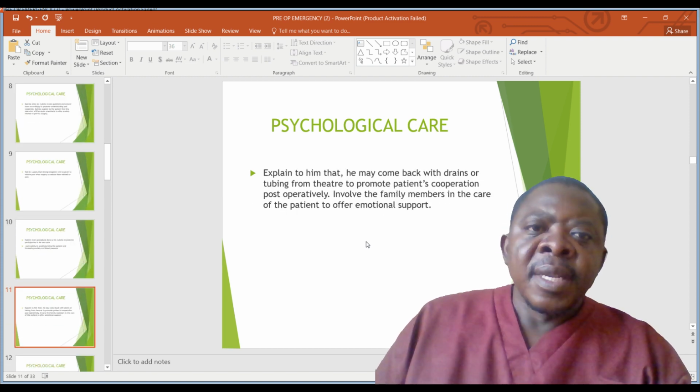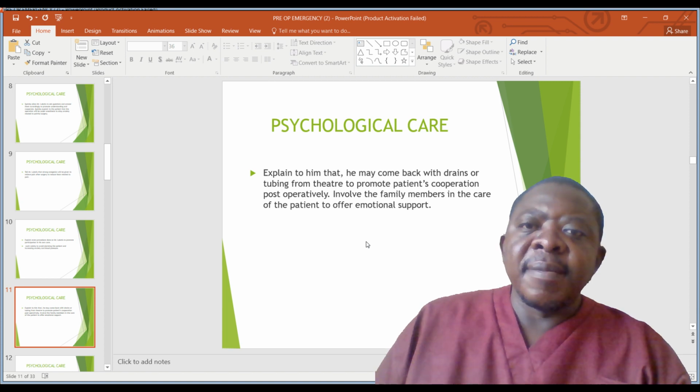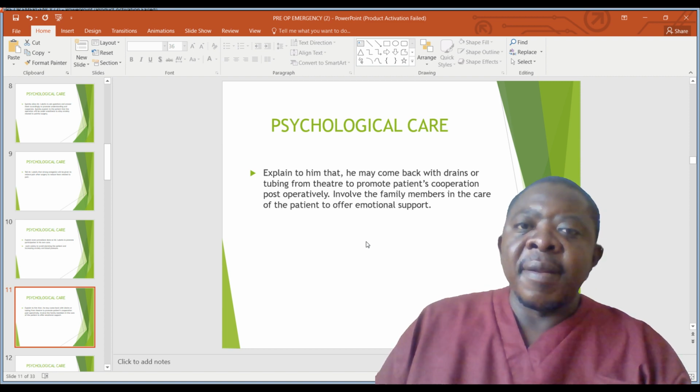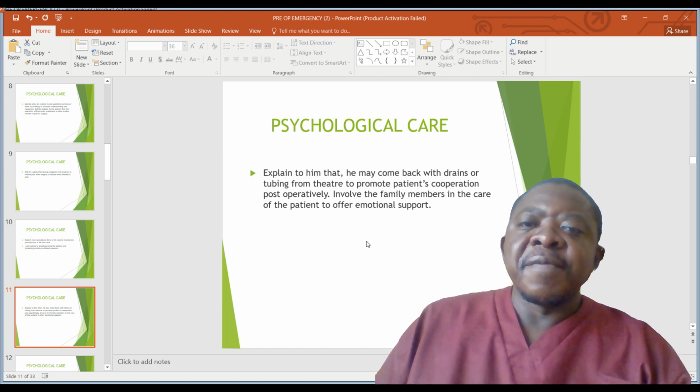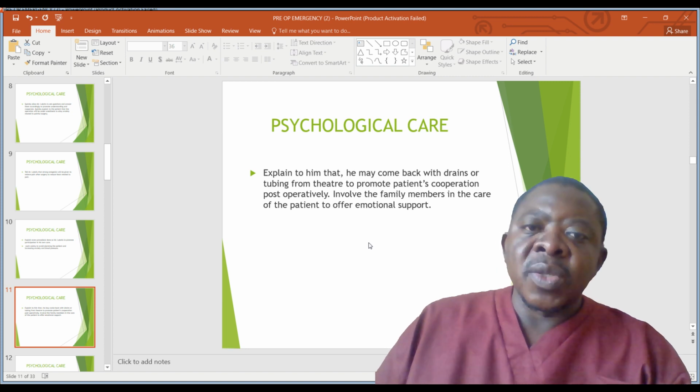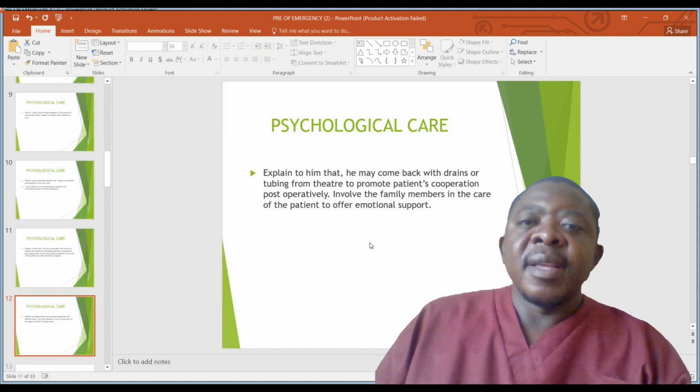You can explain to him that he may come back with drains from theater or tubings from theater, depending on the type of surgery that will be done. This is to promote patient's cooperation postoperatively, and you can involve the family members in the care of the patient as they can also help in offering emotional support.